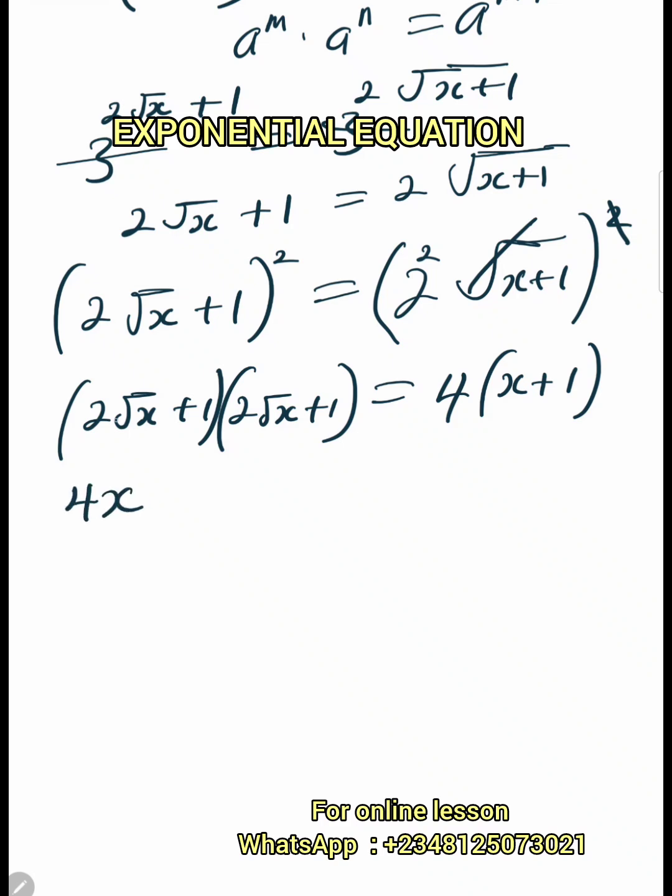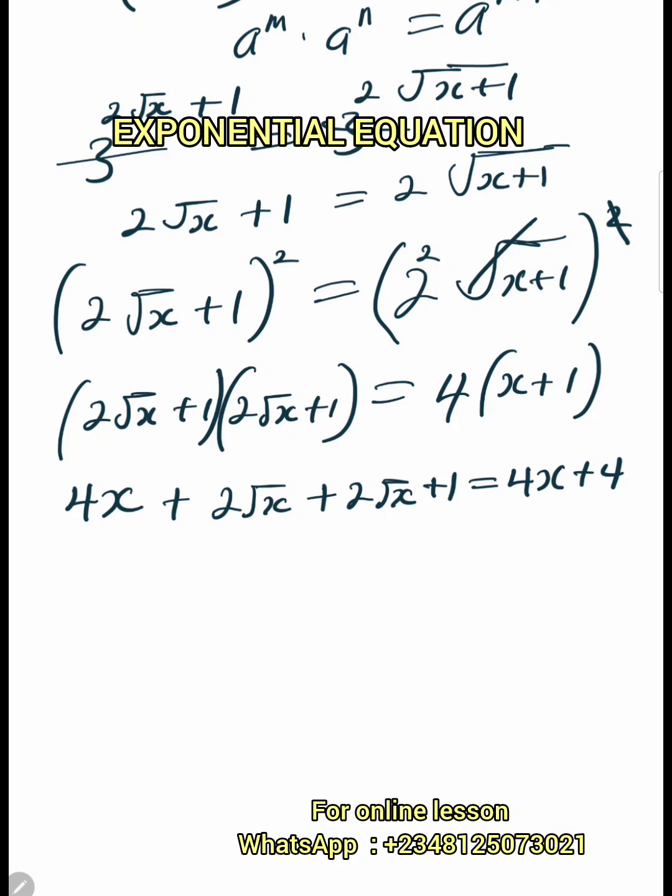Then 2 root x times 1 gives us 2 root x. Then 1 times 2 root x gives us 2 root x again. 1 times 1 is 1. Now let's open the bracket on the right hand side. We have 4x plus 4. Okay, that is for the right hand side.